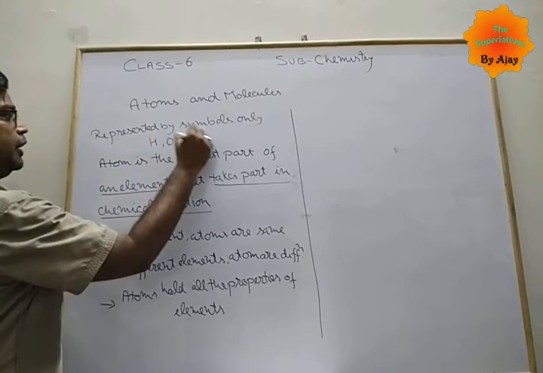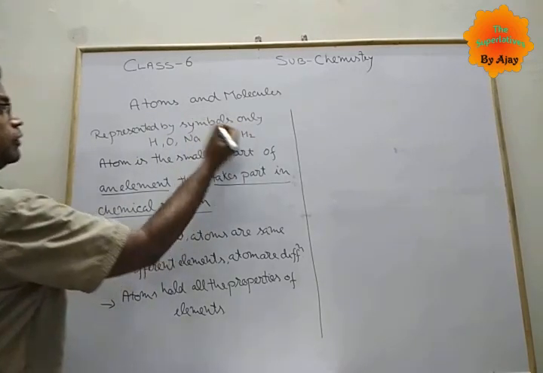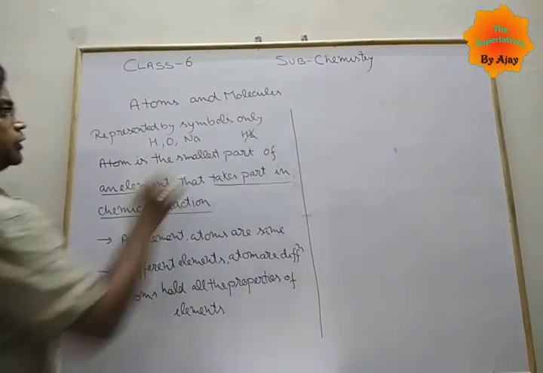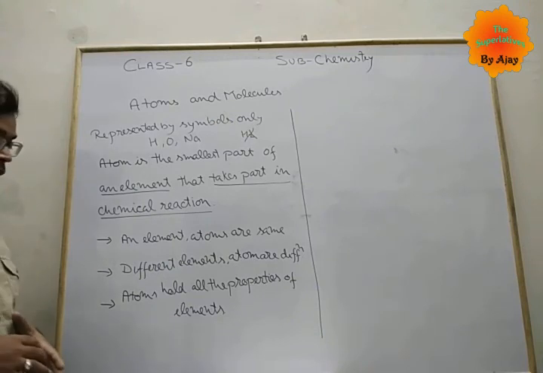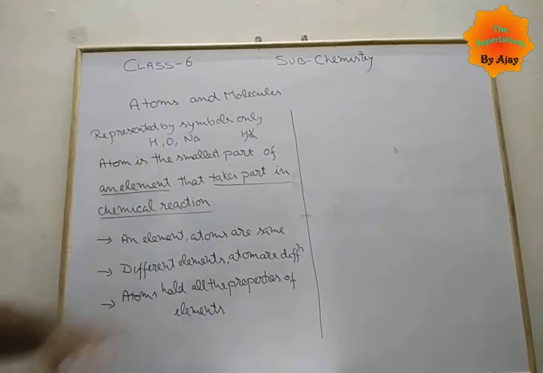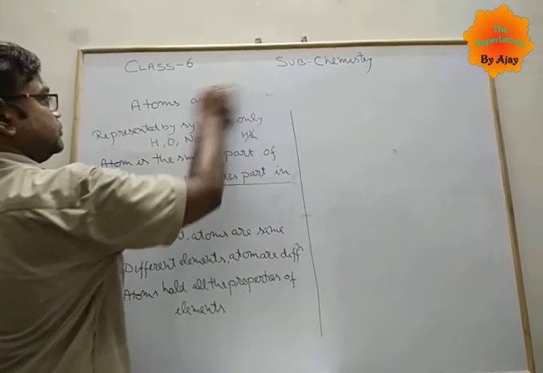Whenever you write H2 in case of a symbol, it is wrong. H2 is wrong. In class 6, you get the same type of mistakes in your chemistry paper, so be careful. Now we move to the next part. This is about atoms. Now we move to the next part, molecules.